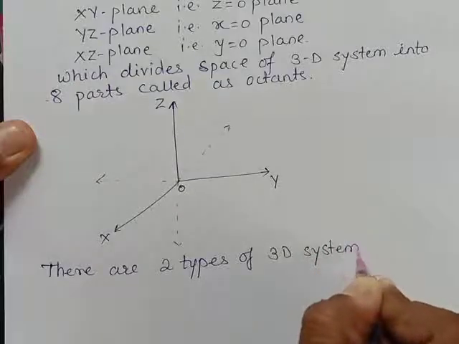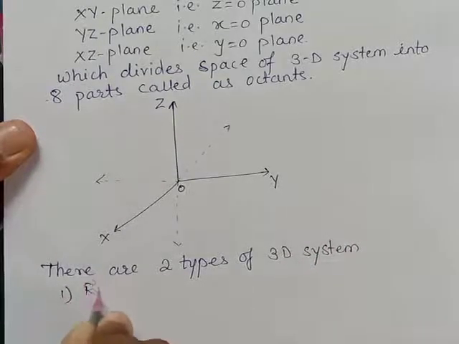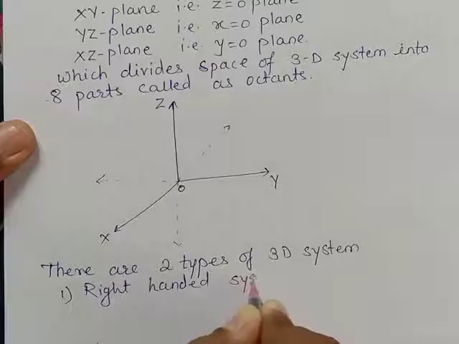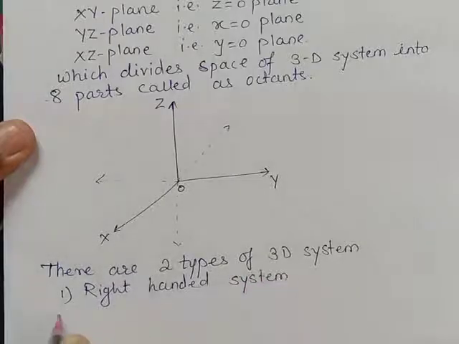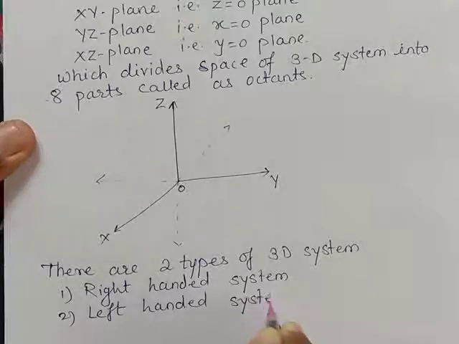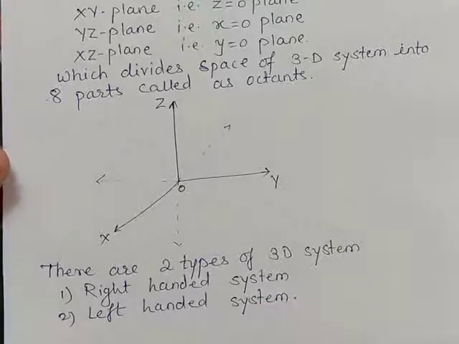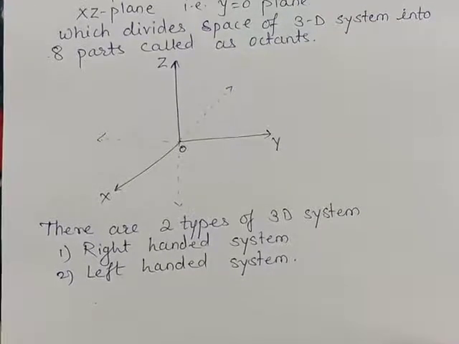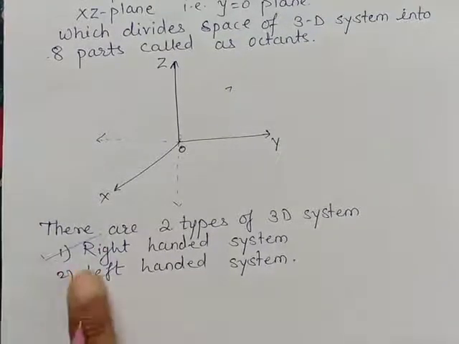First one, the right-handed system, and the second one, the left-handed system. Here we are using the right-handed system for the complete discussion. Remember that we have to use simply the right-handed system for this chapter.